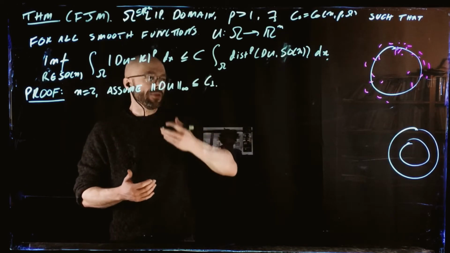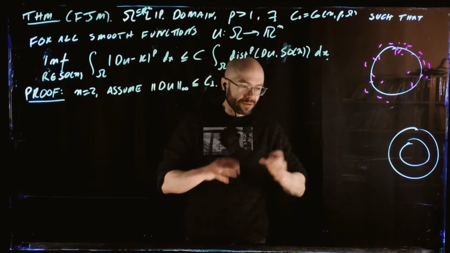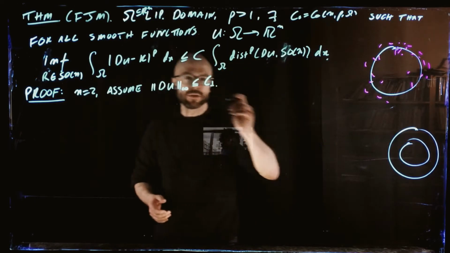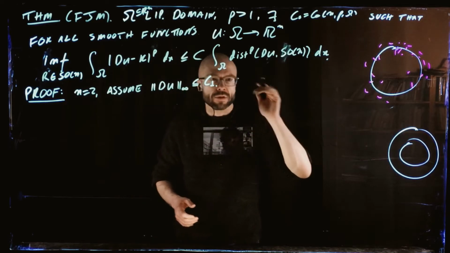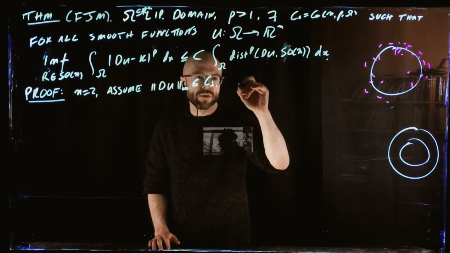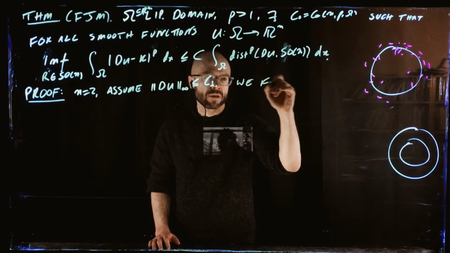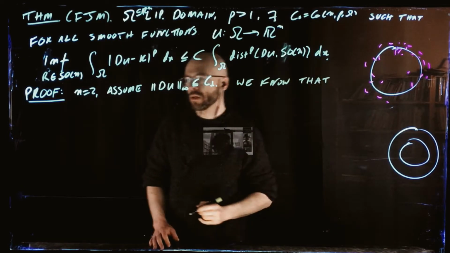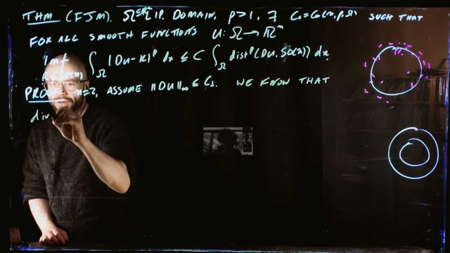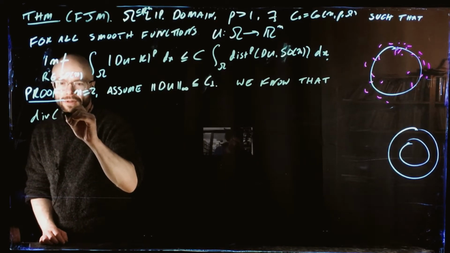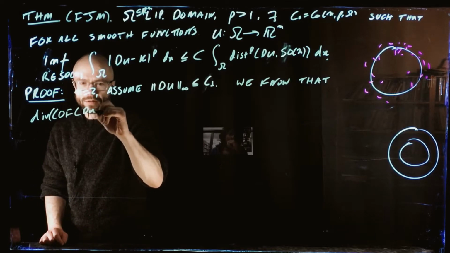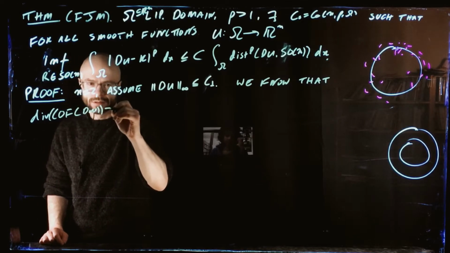So we're going to do the following thing to begin with. Recall the following: we know that the divergence of the cofactor of any gradient is equal to 0, like this.